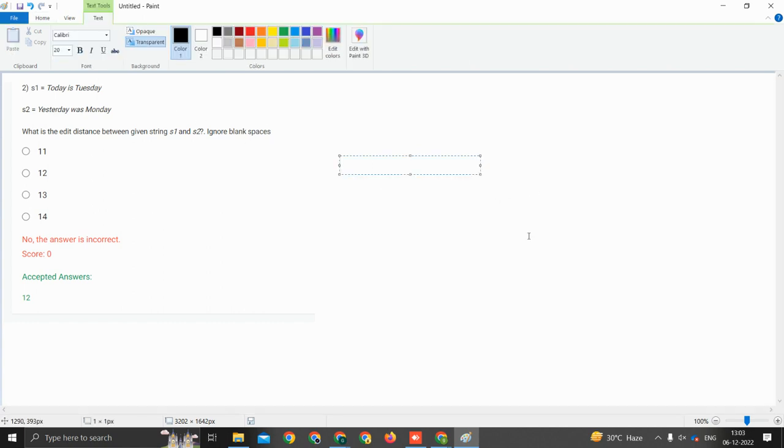Firstly we added Y, then E. Wait, I'll write it. Today is Tuesday, and they ask us to ignore the blank spaces. So we have to convert it to yesterday was Monday. This is what we are supposed to convert.